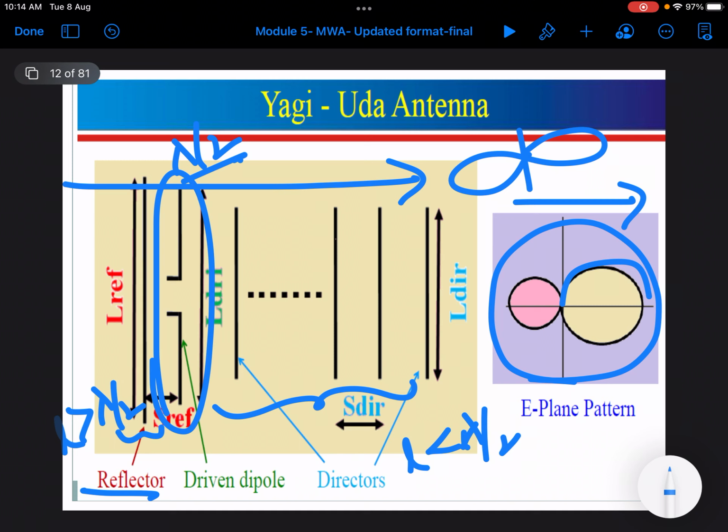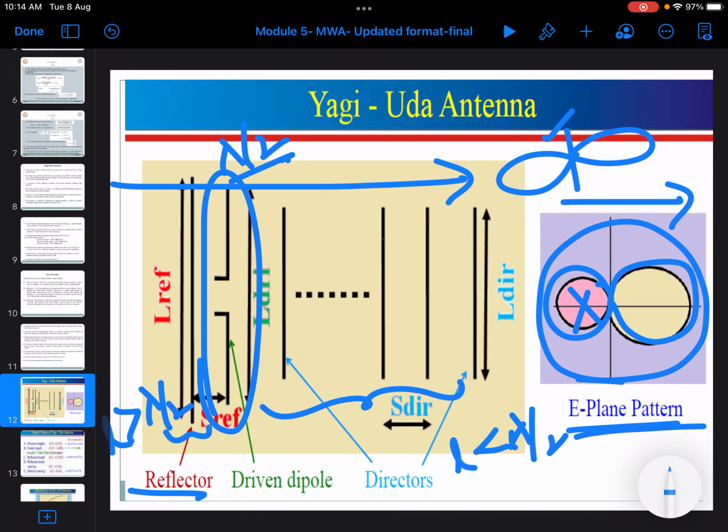So the radiation pattern of figure-eight shape has been converted into a single side. This side is an unwanted one, which we need to eliminate. That we can do by placing more directors, and this is known as an E-plane radiation pattern. We have different types; it is one of the E-plane radiation patterns.